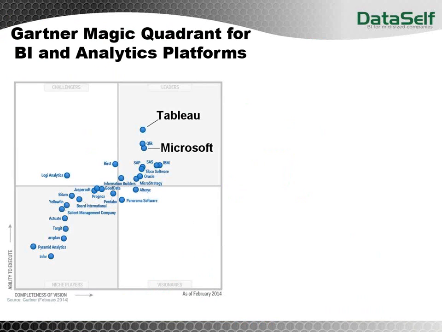Well, Gartner is one of the most reputable companies doing technology assessment in the Fortune 2000, and their latest assessment for BI and analytics platforms, which was released in February 2014, defined that Tableau is the leader in ease of use and dashboarding in the Fortune 2000 world, while Microsoft is the leader in the BI infrastructure for the Fortune 2000 companies.